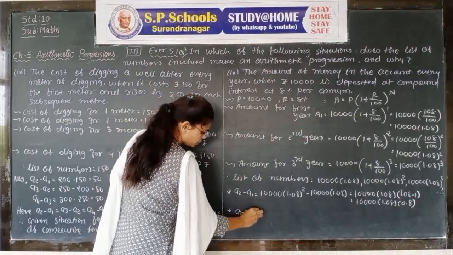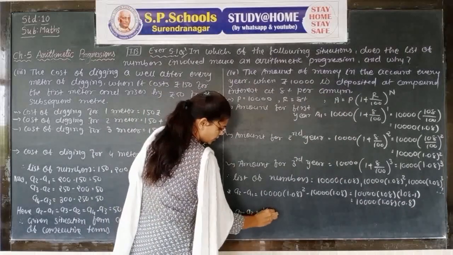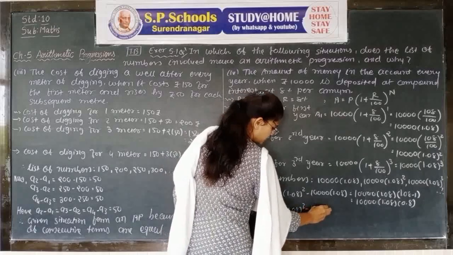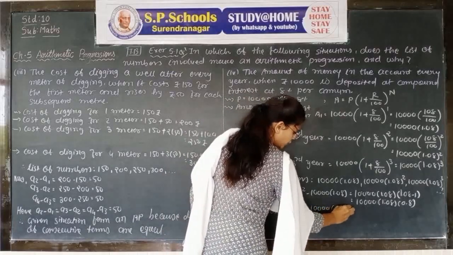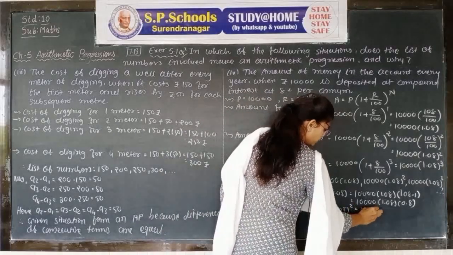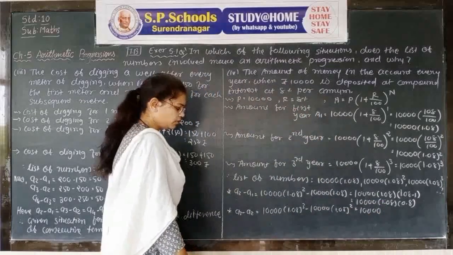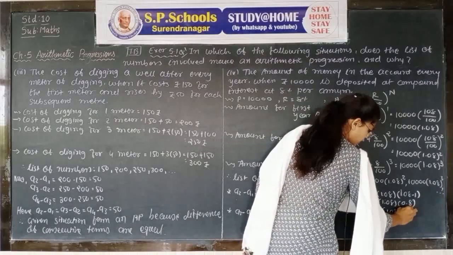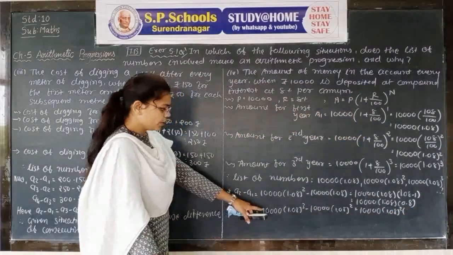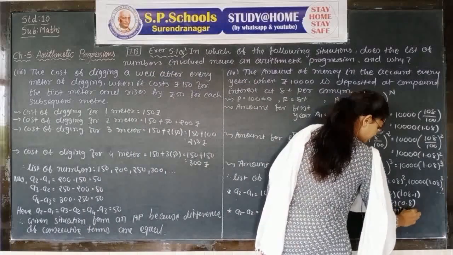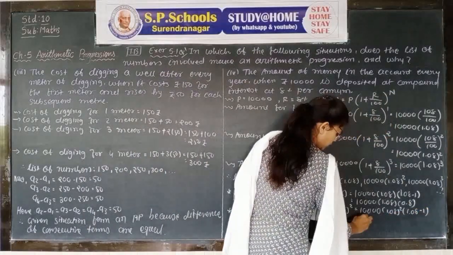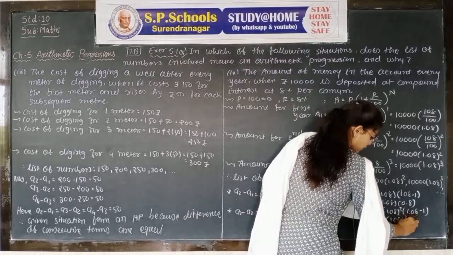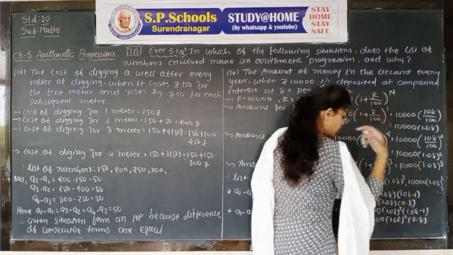A3 minus A2 is equal to 10,000 into 1.08 cube minus 10,000 into 1.08 square. Again we take 10,000 as common and 1.08 square as common, remaining into bracket 1.08 minus 1, which is 10,000 into 1.08 square into 0.08.